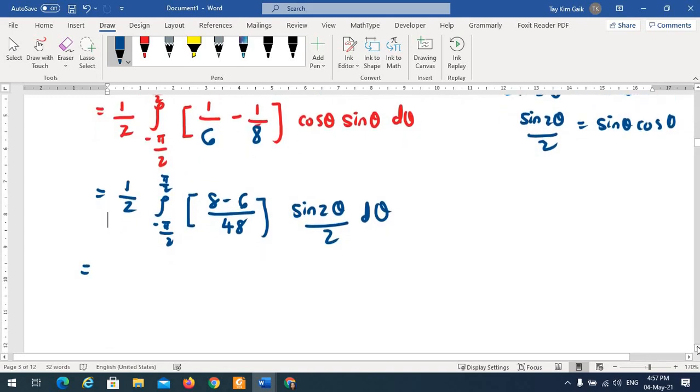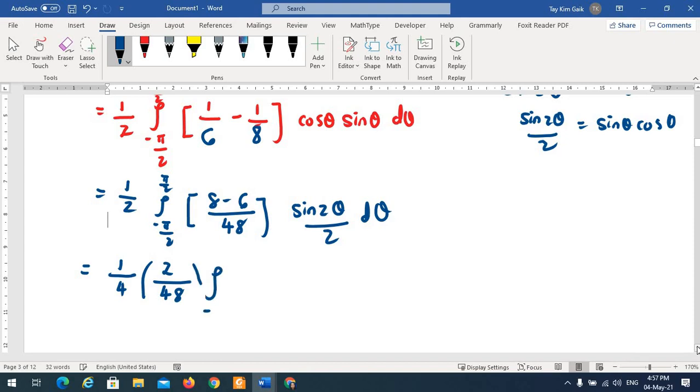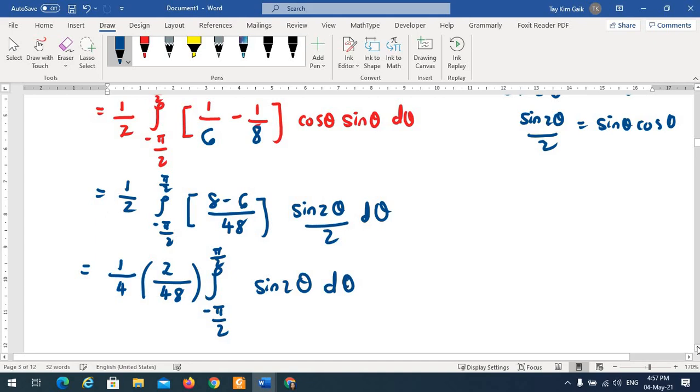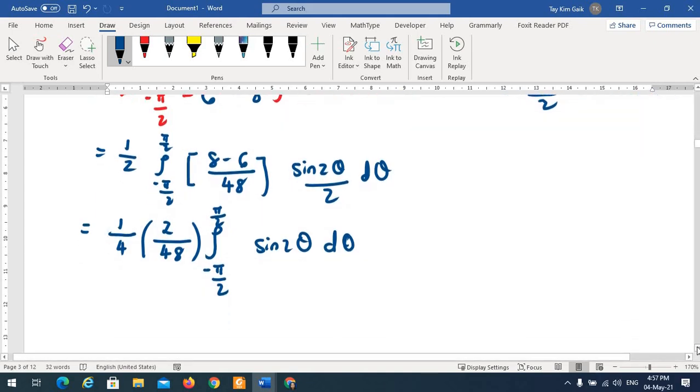So this one, half, 1 over 4, and then this 8 minus 6, we have 2 over 8. Lastly, integrate from negative pi over 2 to positive pi over 2, sin 2 theta d theta, then over 2, 1 over 4, this one, and then simplify here.